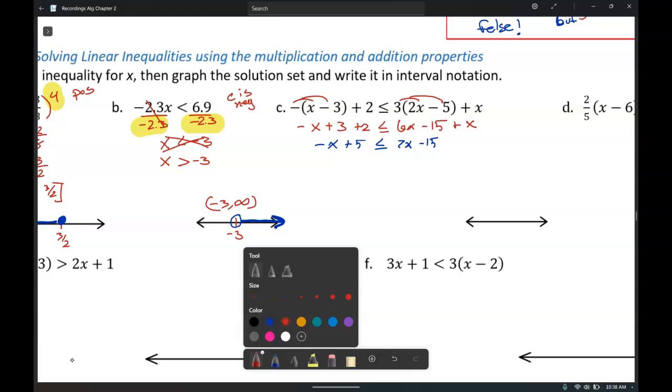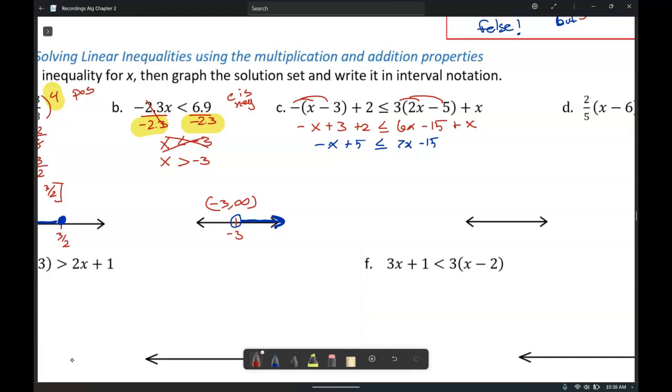And to make it easier to read, generally with inequalities, regardless of the size of the magnitude of each coefficient, I like to move my variables to the left-hand side. It makes it easier to read. So we can subtract 7x from both sides and also subtract 5 from both sides so that the variables move to the left and the constants move to the right.